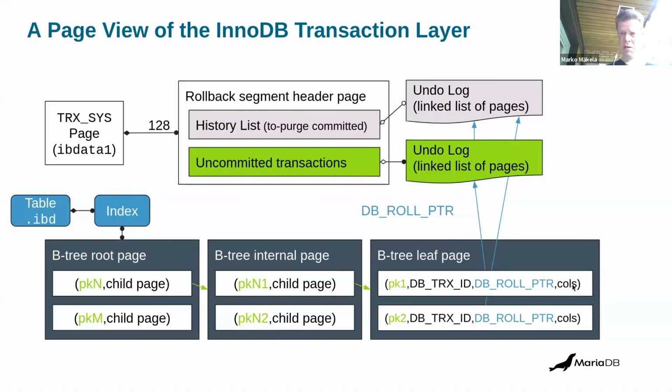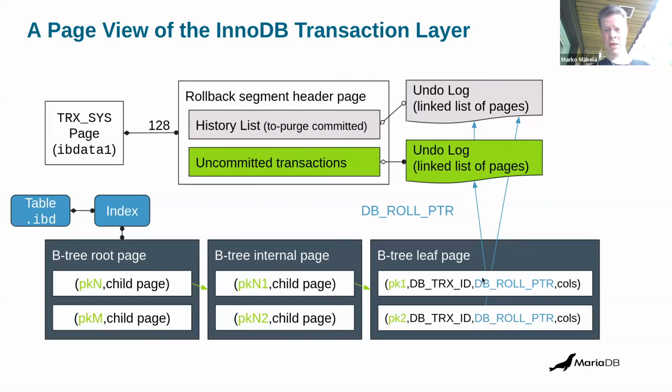For a non-locking read, if we see that the transaction ID is not in our read view, then we will look up the undo log. It can belong to an active transaction or a purge, or a transaction in the history list that hasn't been purged yet.